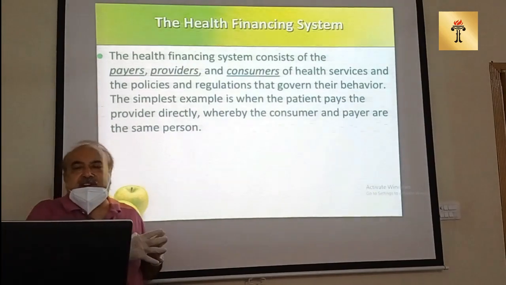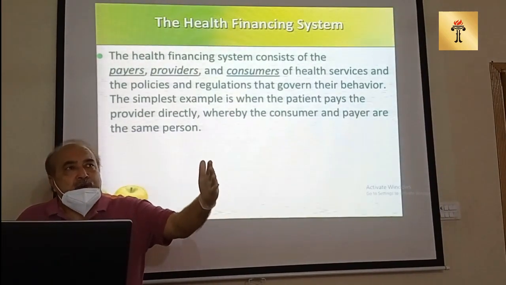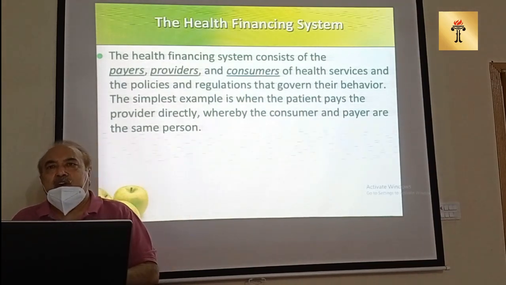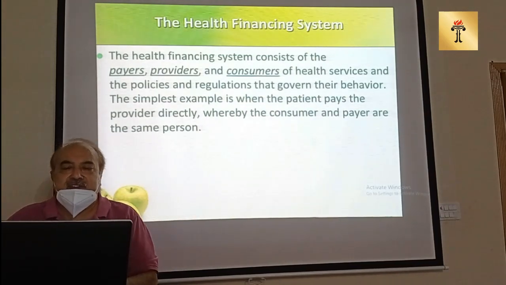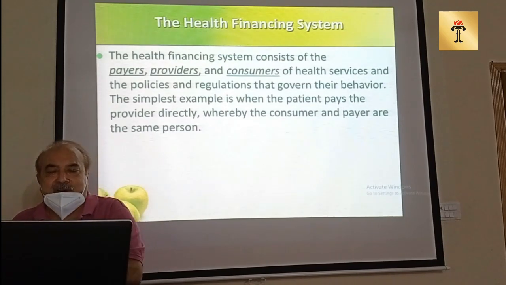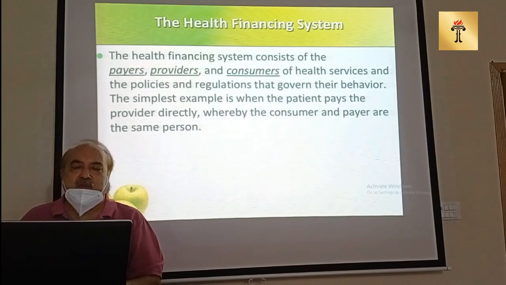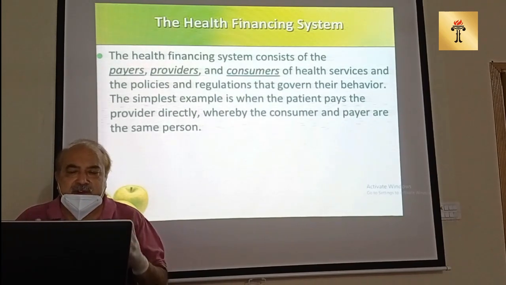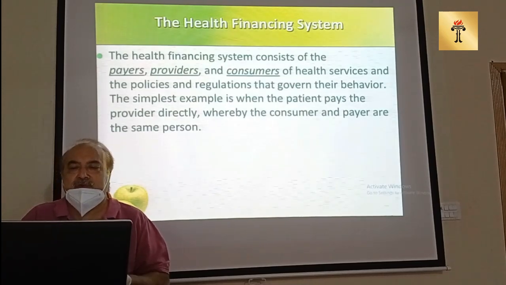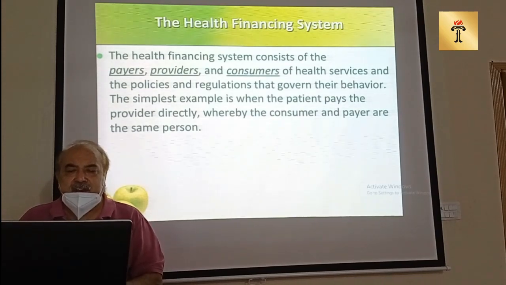The health financing system consists of payers who are going to pay the finances, providers who are providing the health services, and consumers, the beneficiaries, the people of the health services, and of course the policies and regulations that govern their behavior. So these are the four big components of the health financing system.